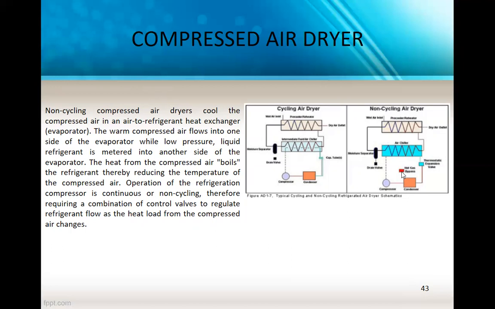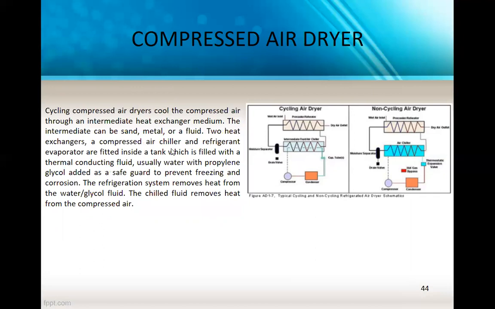The heat from the compressed air boils the refrigerant, thereby reducing the temperature of the compressed air. Operation of the refrigeration compressor is continuous or non-cycling. This is continuous. Therefore, it requires a combination of control valves to regulate refrigerant flow as the heat load from the compressed air changes.